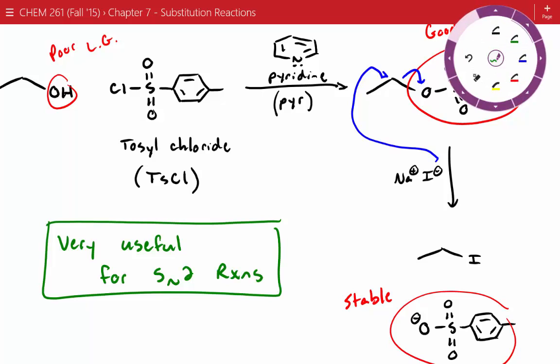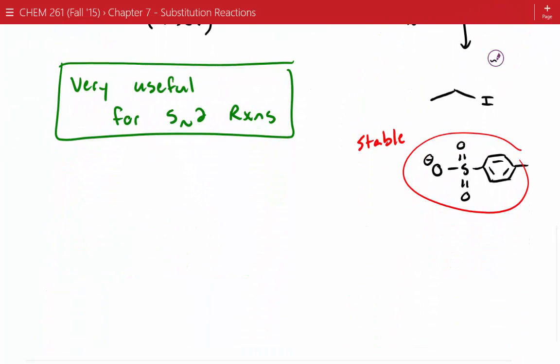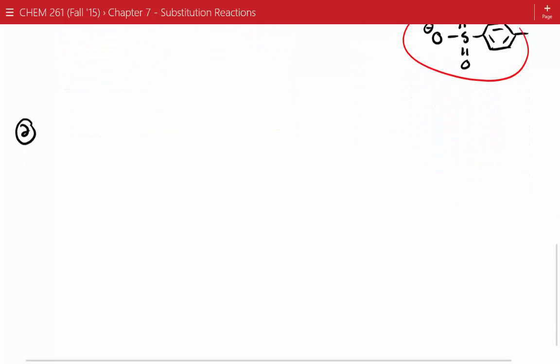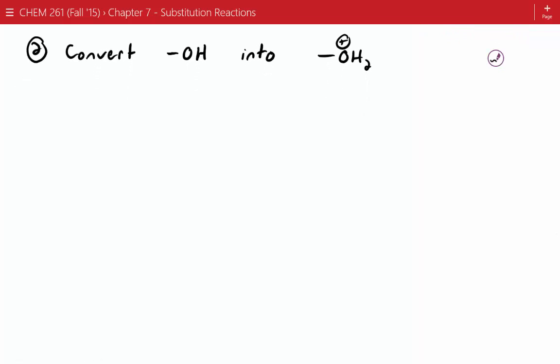Let's look at trick number 2. So we've got trick number 1 up there. Trick number 2 is convert our alcohol into water. So let's say we're starting with our alcohol.